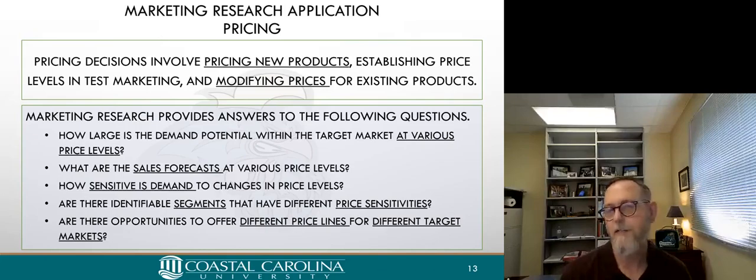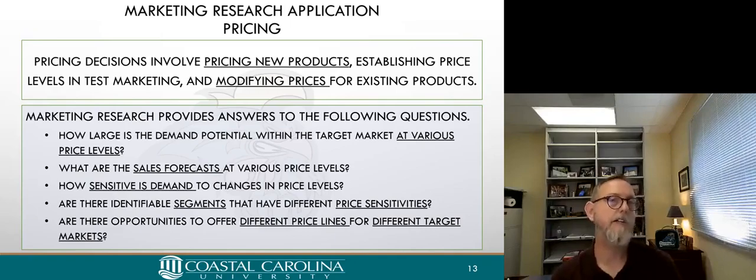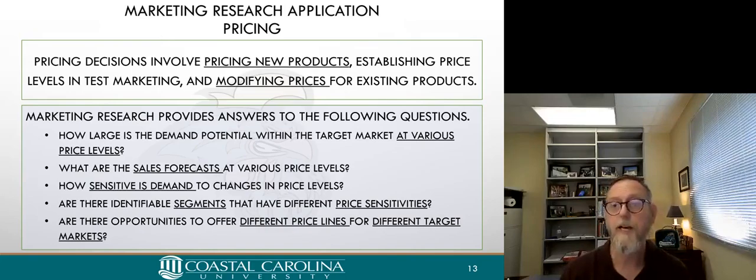So when we make pricing decisions, we want to know things like how sensitive are our customers to price changes. We call that elasticity of demand, price elasticity of demand. If I modify my price, how's that going to impact the units that I sell? If I modify my price, how's that going to impact my profit margin? And putting those two together, we can get these optimal price points.